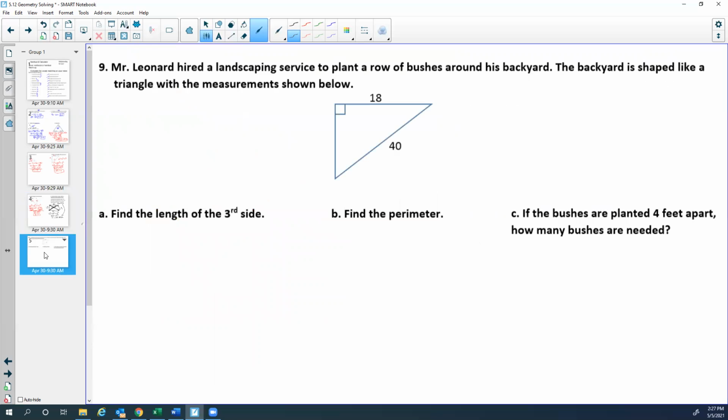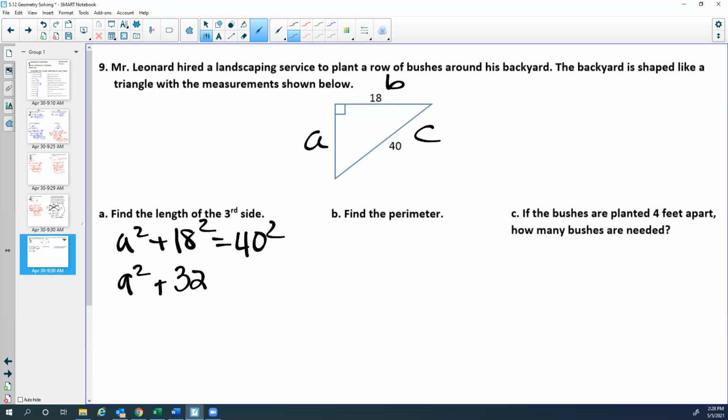All right, last one. Go ahead and pause the video, and I want you to find the third side length of this triangle. Okay, I got A, I got B, I got C. I don't know my A, but 18 squared plus A squared equals 40 squared. I get A squared plus 324 equals 1600.